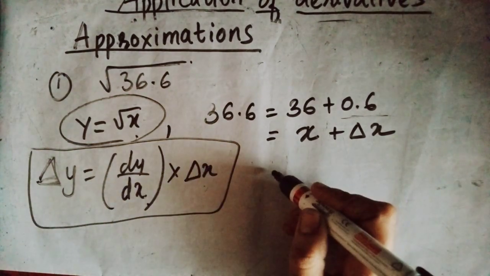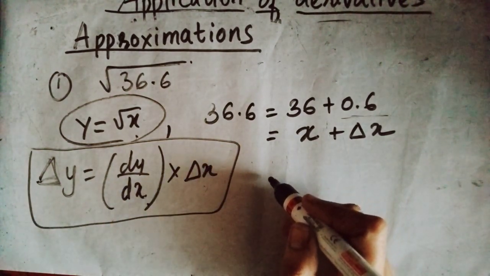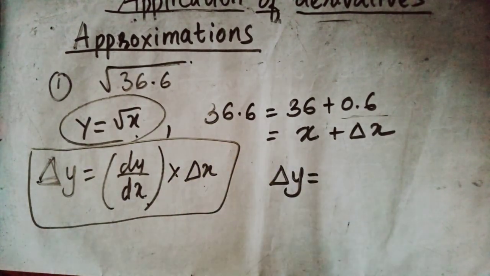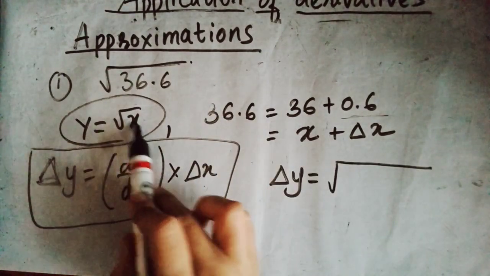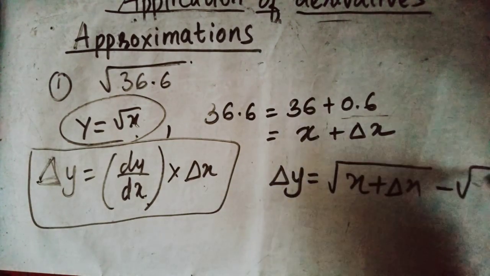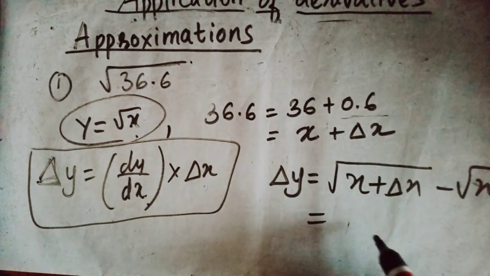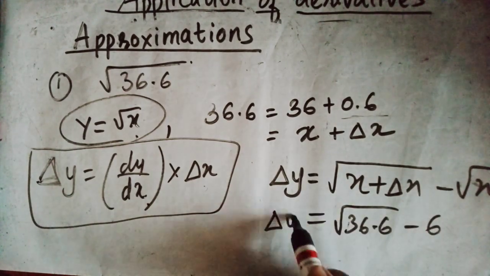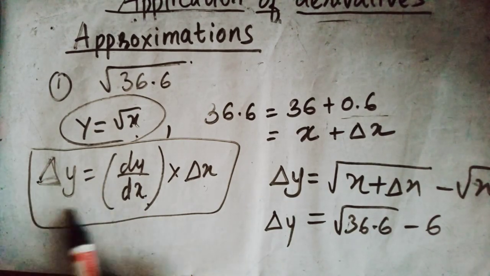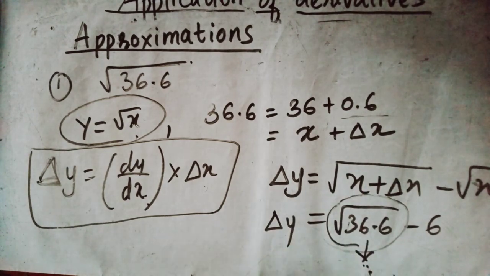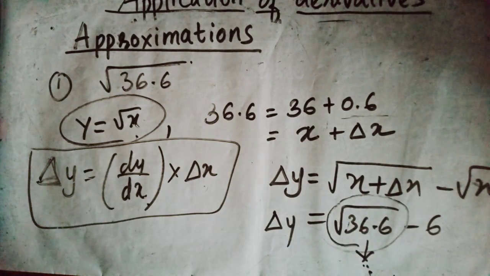The other thing is change in y equal to root of x plus del x minus root of x. So here you will get root of 36.6 minus 6, which is del y, and then you equate this, putting this value here, so that you will get the value of root of 36.6.